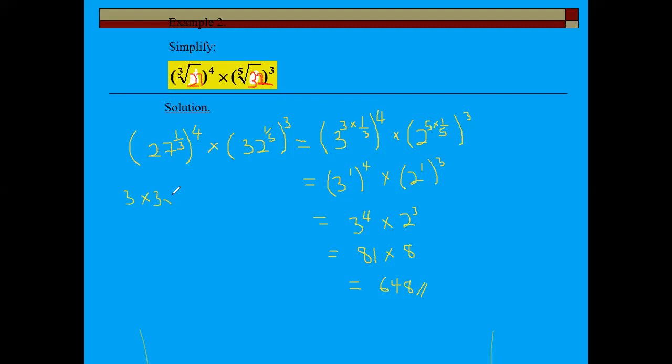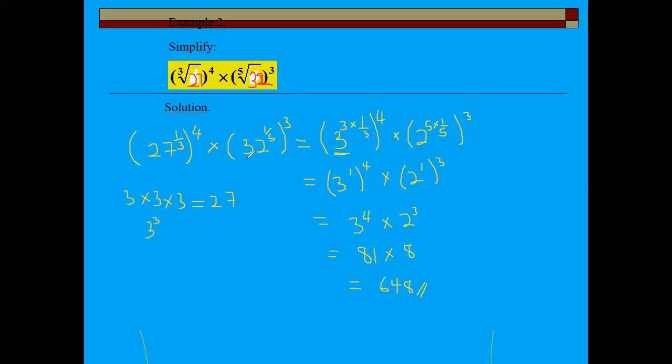Because 3 times 3 times 3 is 27, then we can write 27 the same as 3 raised to power 3. So that is what we wrote here. But you see there's already the power 1 over 3 here, and we put that also over there.